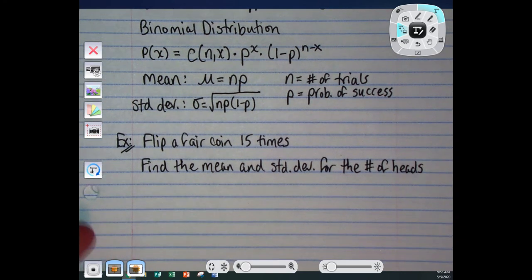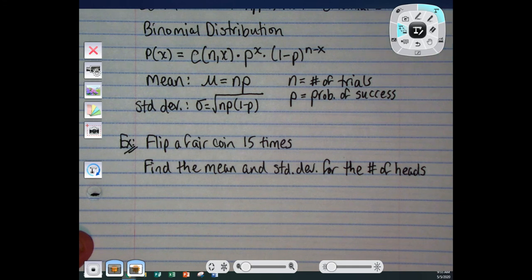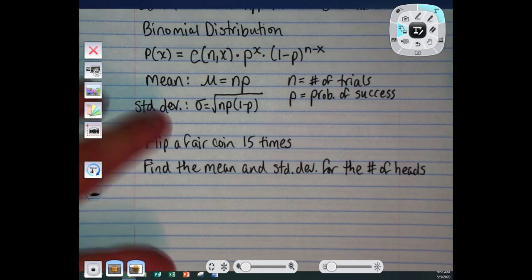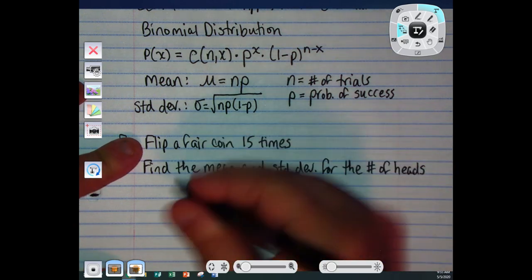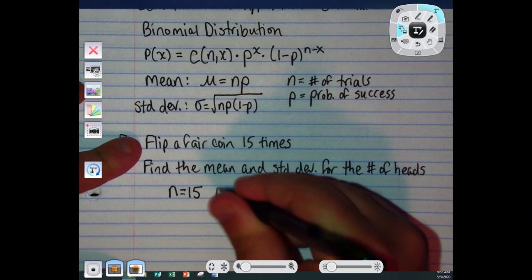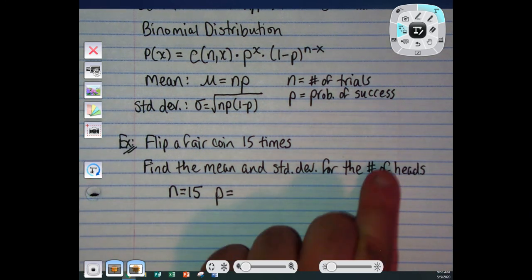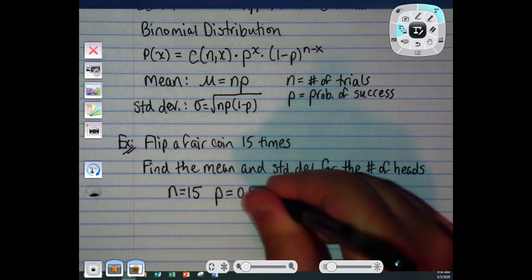Well, in order to do that, we need to know two things. We need to know the number of trials, and we need to know the probability of success. So in the example, they tell us the number of times. That's 15. So in this case, we're going to use n equals 15. And we know that the probability of flipping heads with a fair coin is 0.5.